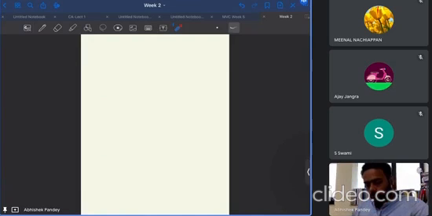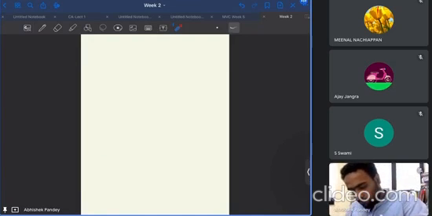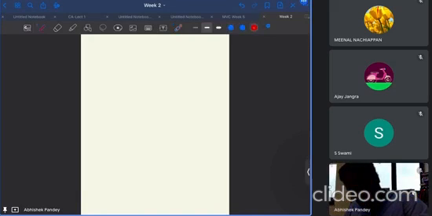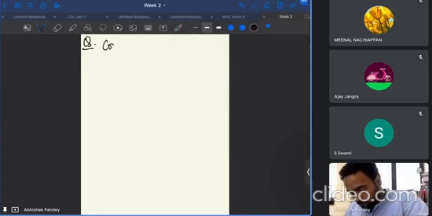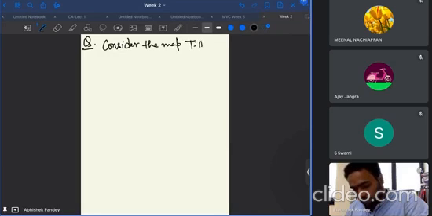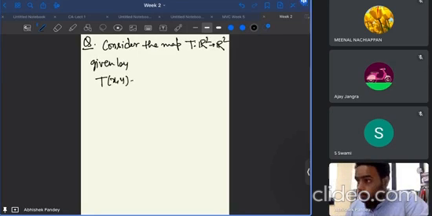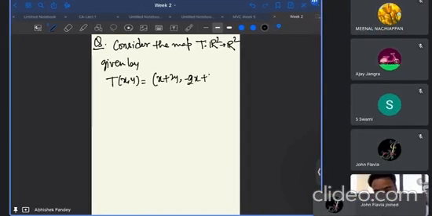Okay, so consider this question. Consider the map T such that R2 to R2 given by T of x comma y is equal to x plus 2y and minus 2x plus y.